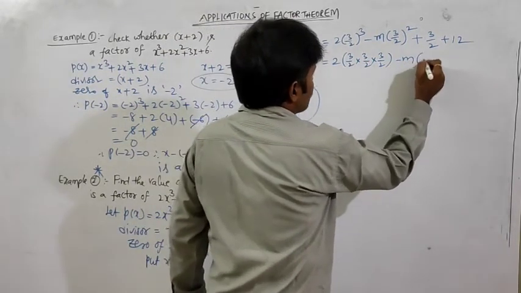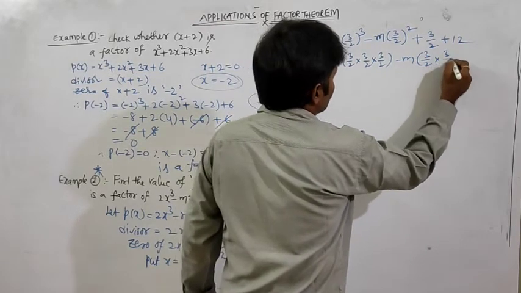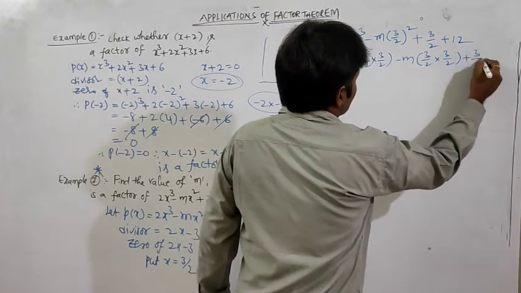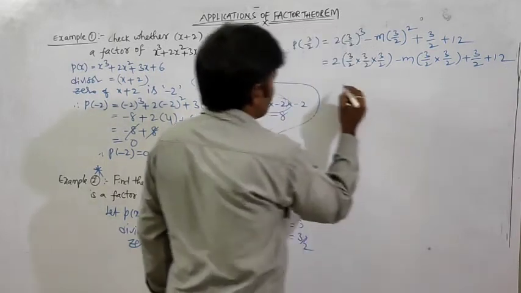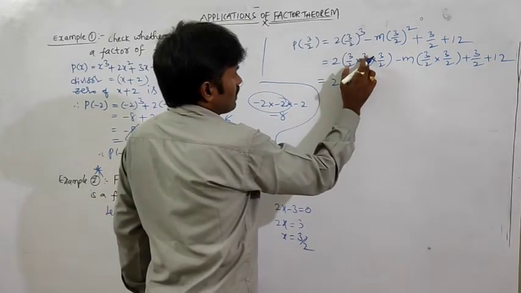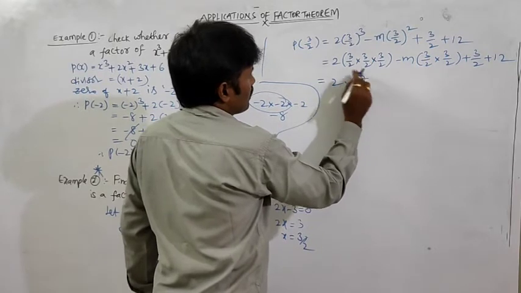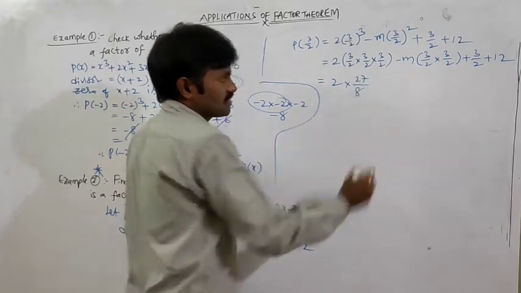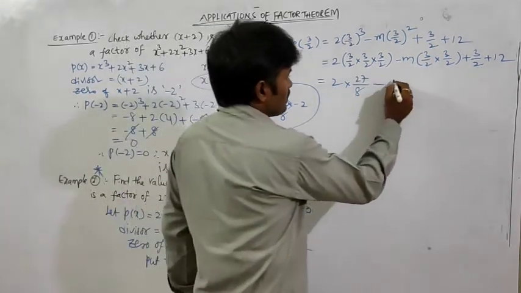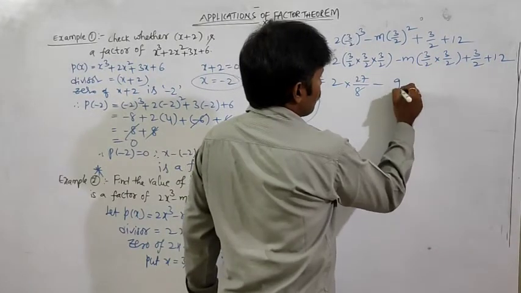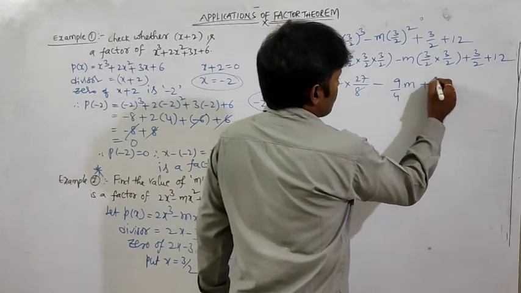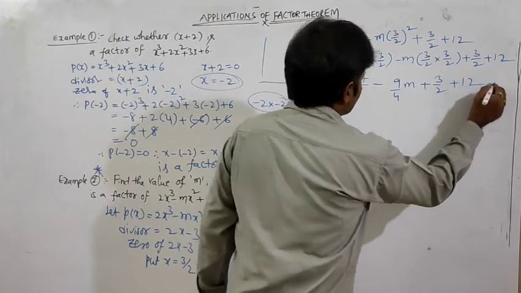Minus m into (3 by 2) whole square, 3 by 2 into 3 by 2, plus 3 by 2 plus 12. Now 2 into 3, 3 3s are 9, 9 3s are 27, by 2 2s are 4, 4 2s are 8. Minus 3 3s are 9 by 4 m, plus 3 by 2 plus 12.